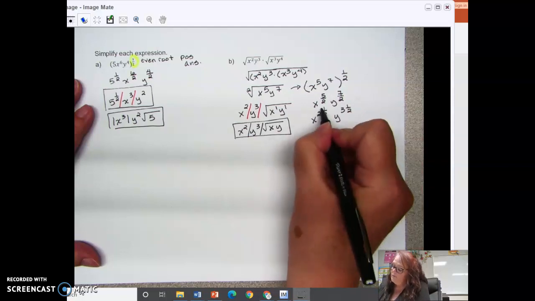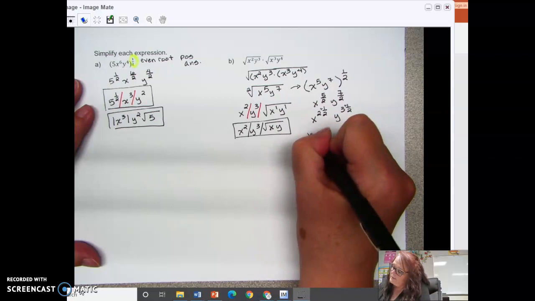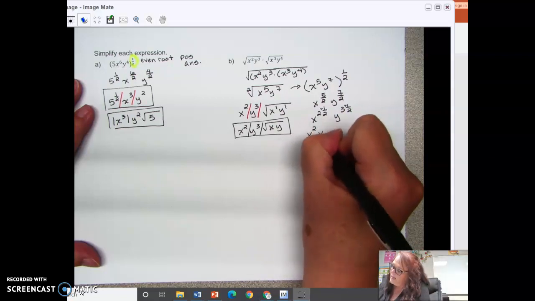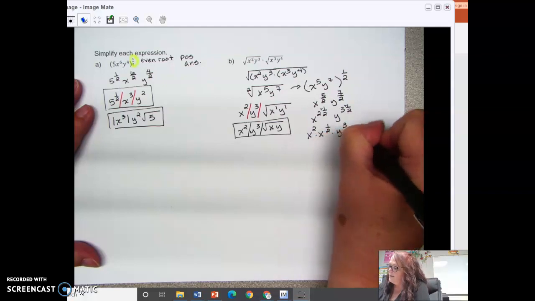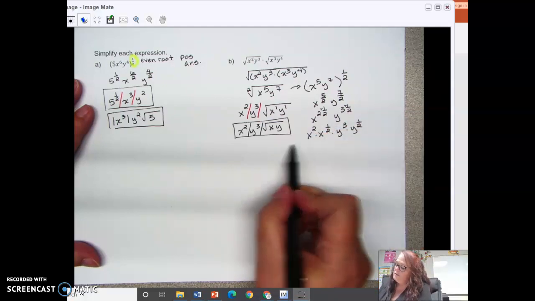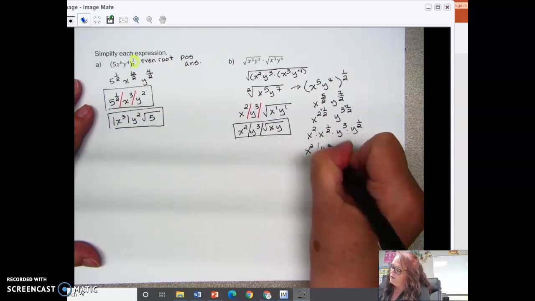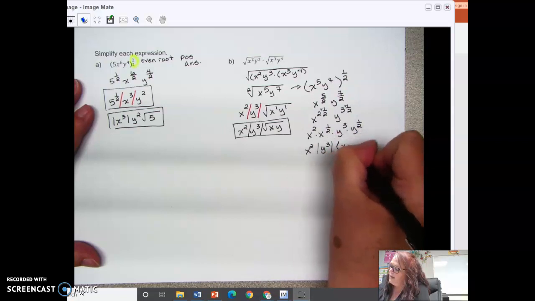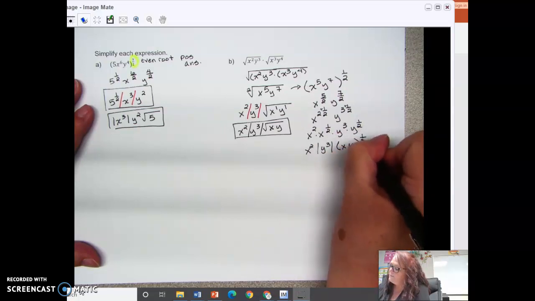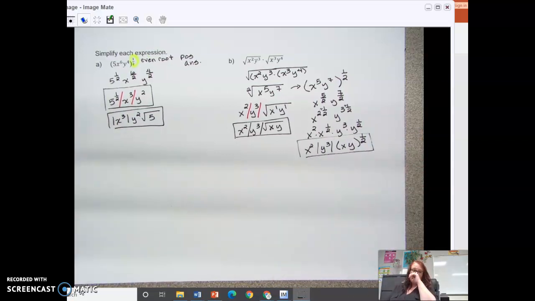And again, 2 1/2 is like 2 plus a half and 3 plus a half. So this is x squared times x to the 1/2 times y cubed times y to the 1/2. So notice we end up with the same thing, x squared, absolute value of y cubed, and then the square root of x times y. So both of those answers are correct.